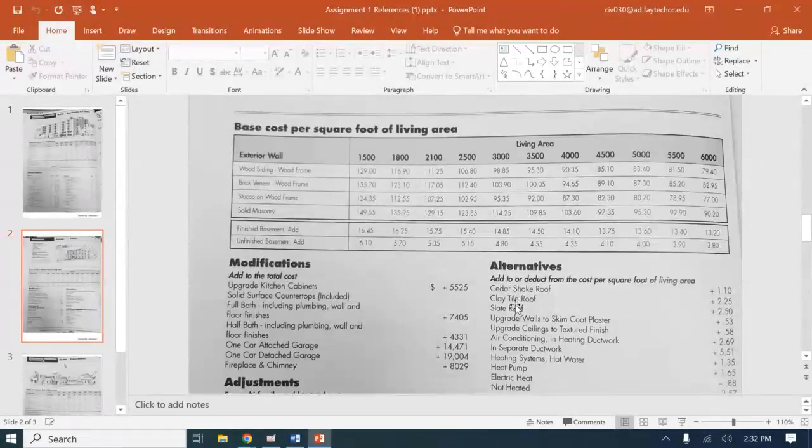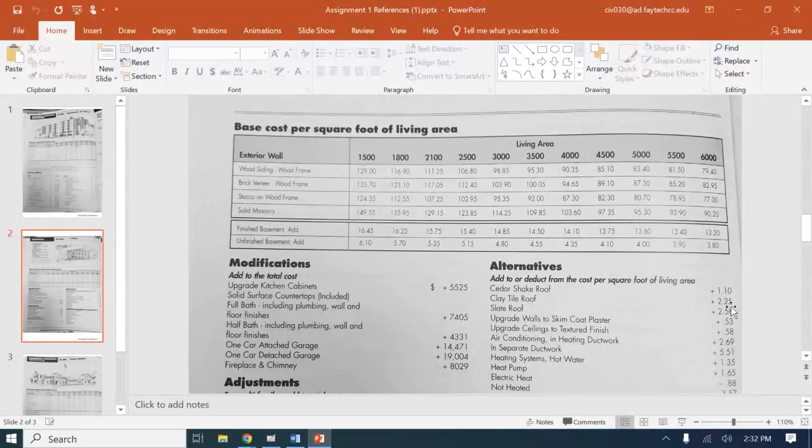For the additives, for the actual clay tile roof, these are additives cost per square foot. So what you would want to do is when you get your base cost, you want to add in $2.25 to your base cost to do a clay tile roof.